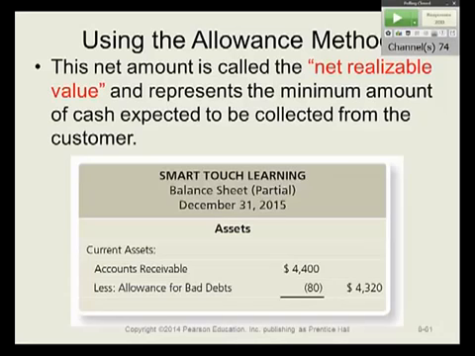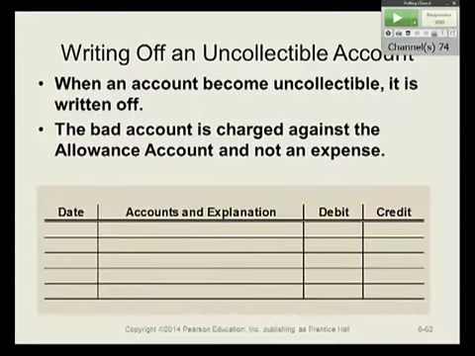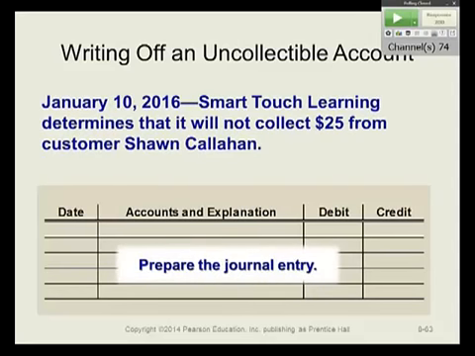So when we take a look at a potential write-off, let me do that now. When an account is deemed to be a bad debt, we don't write it off against an expense, we write it off against the allowance. The allowance account is there as a cushion, a fallback. You set that up to absorb the losses. So let's assume that we now have someone with a $25 uncollectible account.